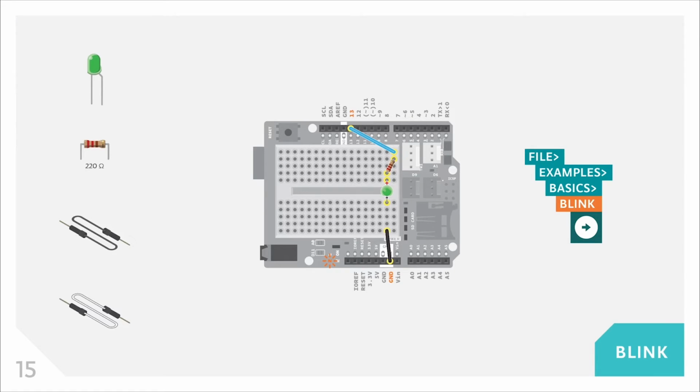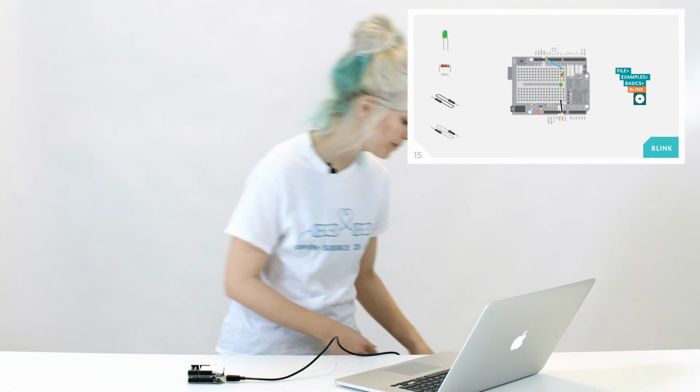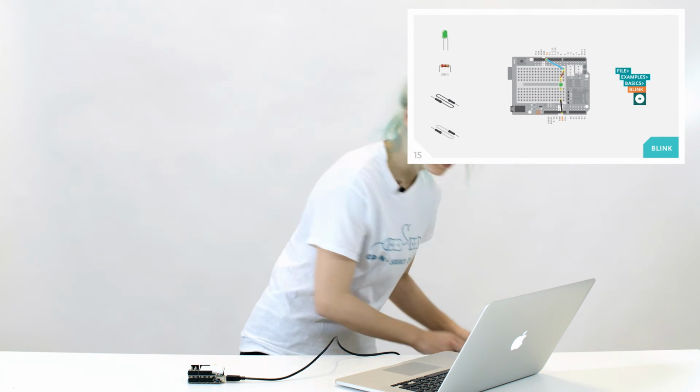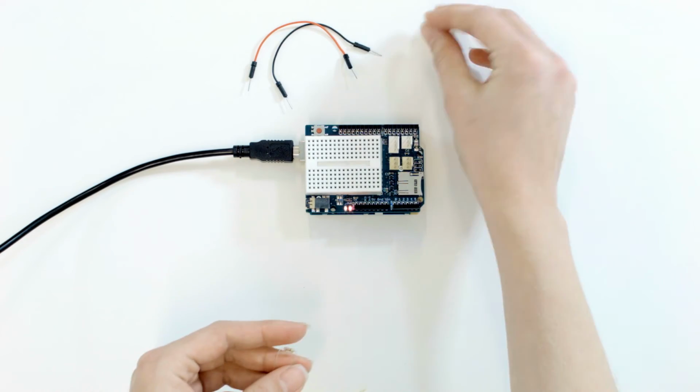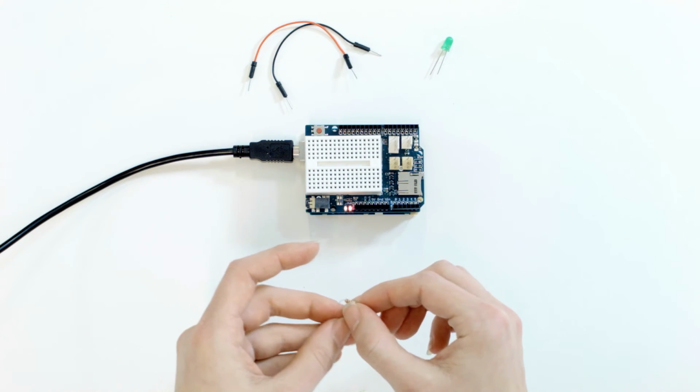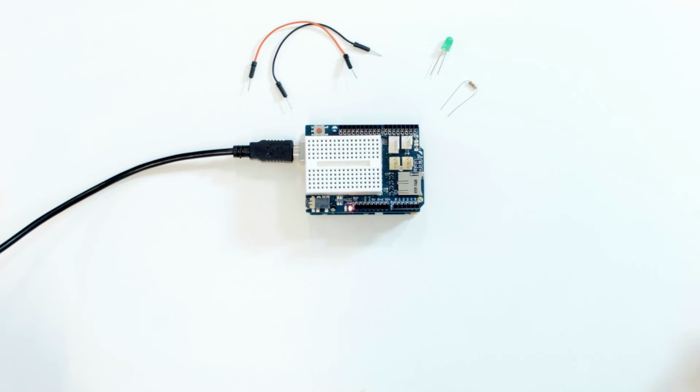So let's use the breadboard to actually connect our LED using our 220 ohm resistor. So for this, we will need 2 jumper wires, 1 LED of course, and 1 resistor.